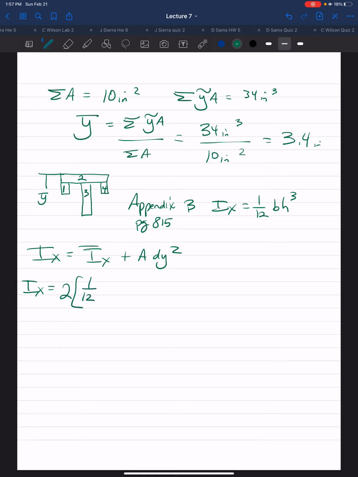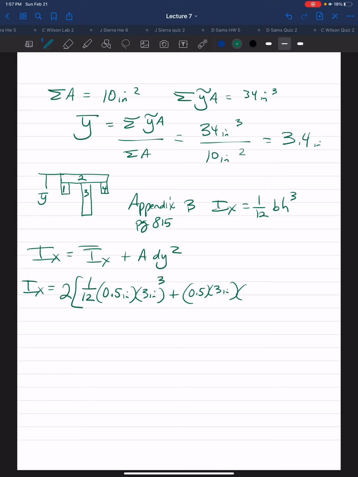So it's 1/12 the base, the base is 0.5 inches, times the height cubed, the height being 3 inches, plus the area, which is base times height, 0.5 inches times the height, which is 3 inches, times dy squared.